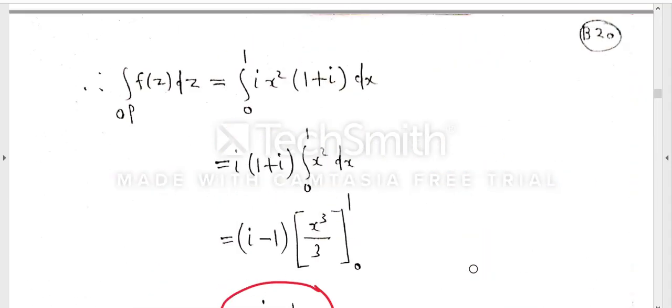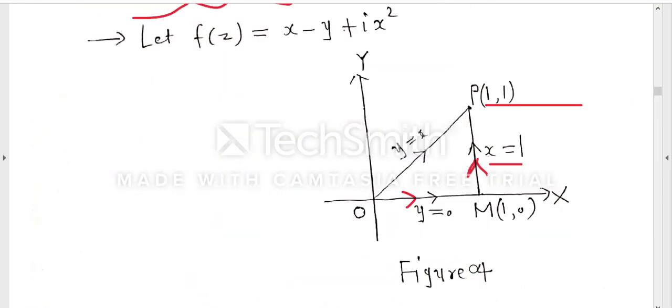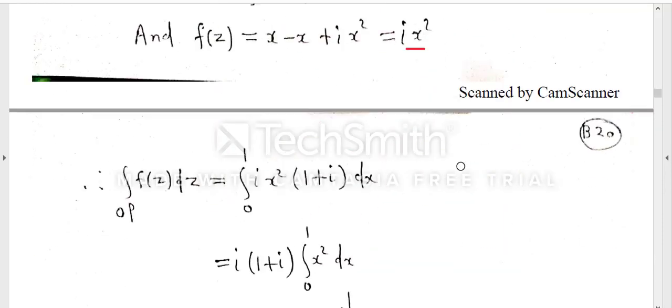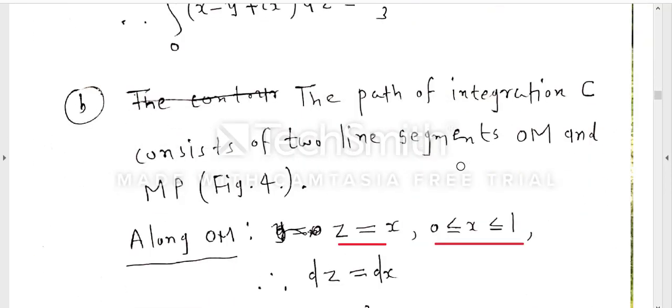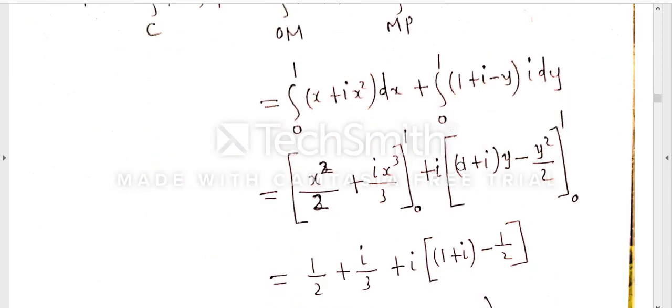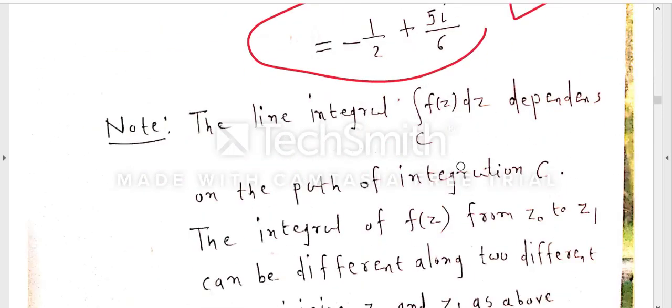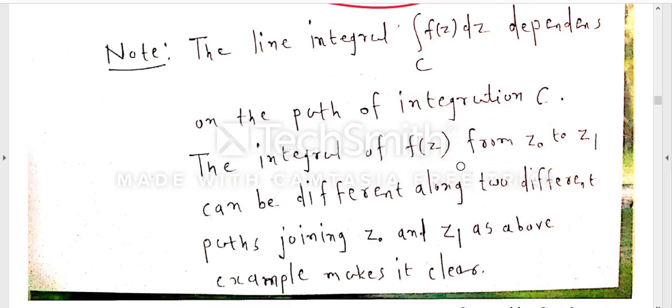So what does this indicate? This indicates that the integral of the same function along two different paths of integration may be different. So the value of the contour integral depends on the path of integration. If we change the path of integration, the contour integral may be different.